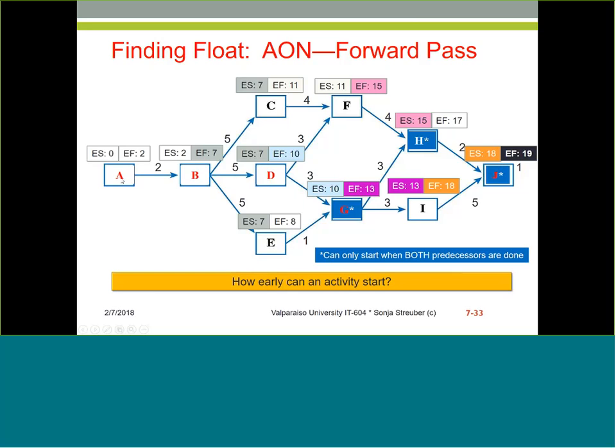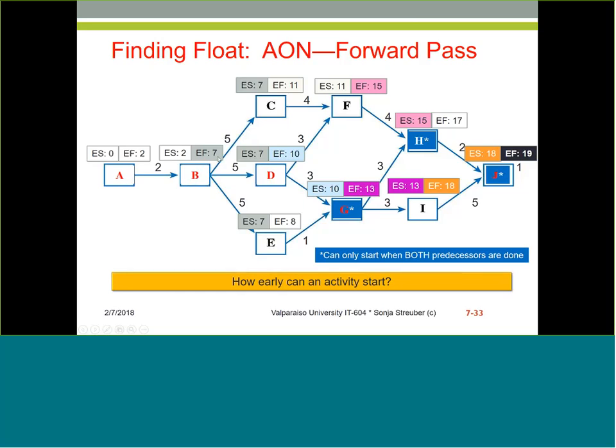So let's see here. The early start of A is 0. We always set that to 0. Our early finish then is 2. When can B start? B can start on day 2 when A finishes. And the early finish for B is 7, because 2 plus 5 is 7.